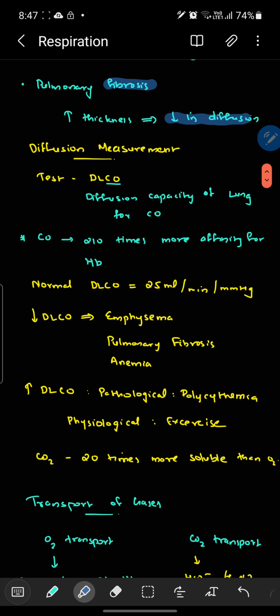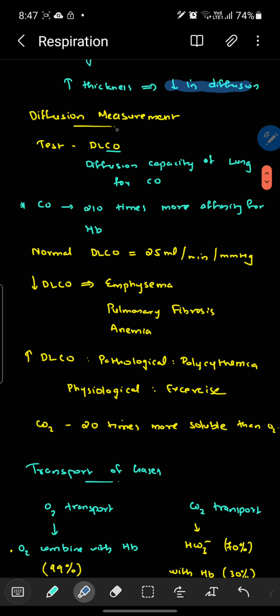This diffusion can be measured by a test which is called the DLCO test, which is diffusion capacity of lung for carbon monoxide. The carbon monoxide is used because it is 200 times more stable, with more affinity for hemoglobin. The normal DLCO value is 25 ml per minute per 1 millimeter mercury pressure difference.